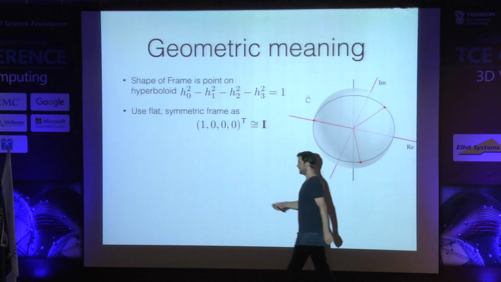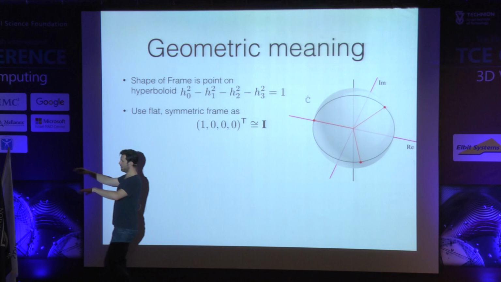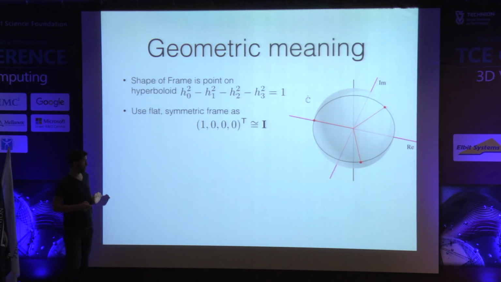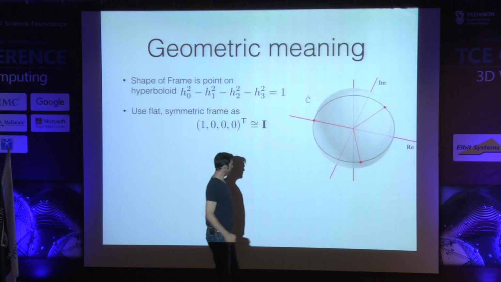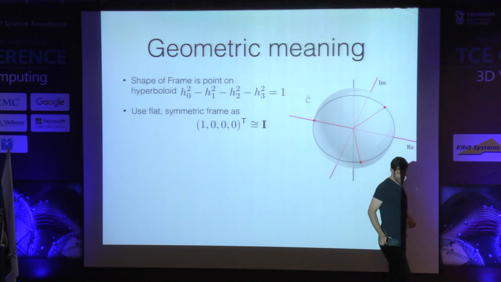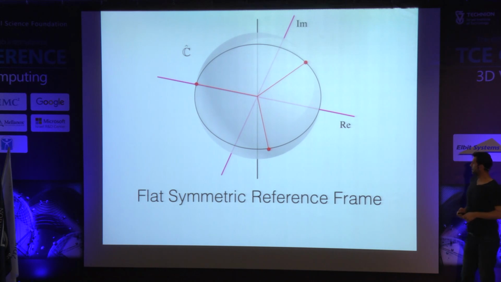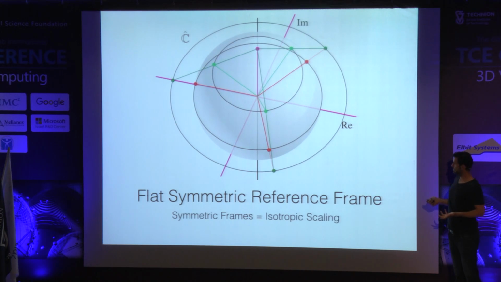So I get this frame if I take these 3 sticks, I push them down into the plane, and I make sure the angles between each two sticks is 120 degrees. Okay, so this is my reference frame. Now let's see what happens if I look at certain shapes in this reference frame. This is the flat symmetric reference frame.